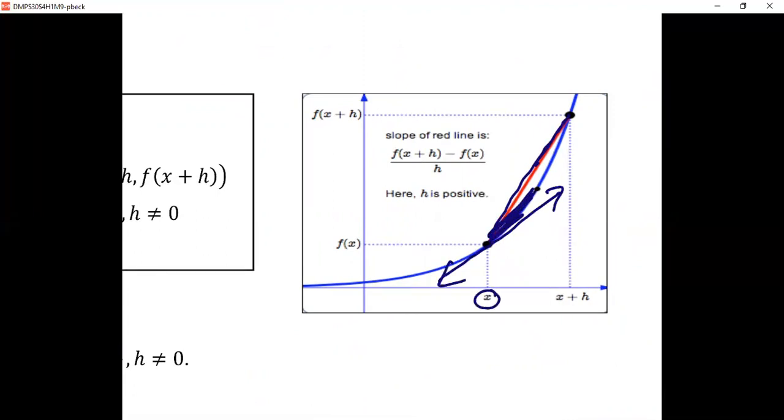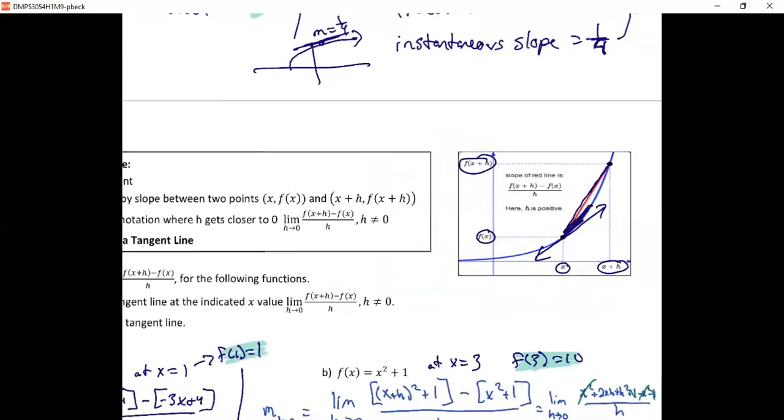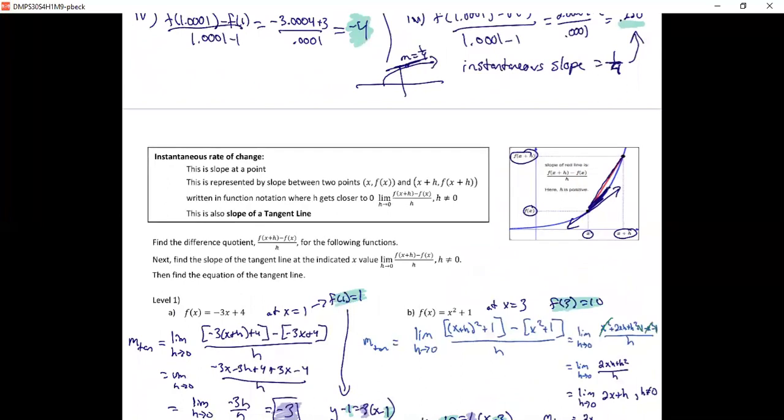Now we're using these points x and then h units away, giving us f of x and f of x plus h. And this is called the difference quotient. The difference quotient, I don't think I actually wrote that there, my mistake. So the difference quotient is a very, very important aspect of mathematics, mainly calculus.